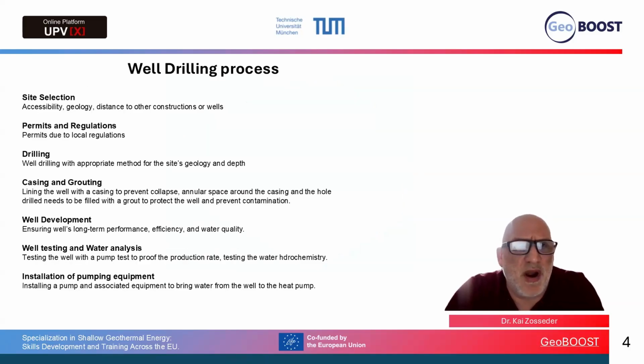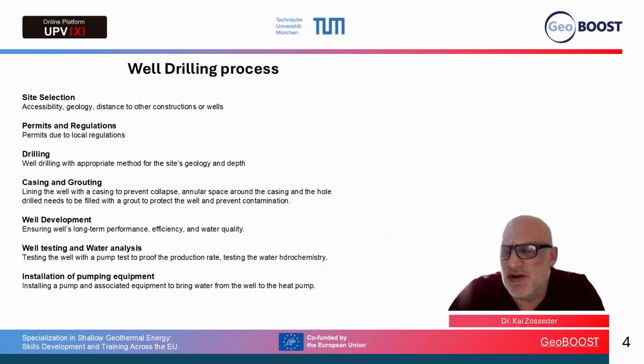So in the well drilling process, which steps do you have to follow? First of all, you have to select the site, of course. The site must be accessible, the geology must be the right one, and the distance to other constructions or wells must be considered. Of course, you have to apply for permits.